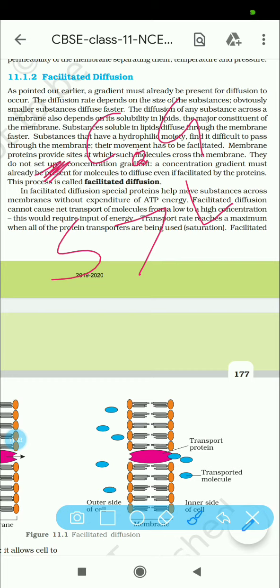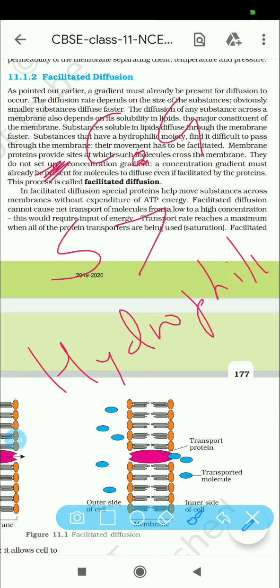Then substances soluble in lipid can diffuse faster. As you know, the cell membrane contains more lipid, so hydrophobic compounds can diffuse faster, while substances which are hydrophilic, or which have more water, will take more time to diffuse, or their movement cannot occur directly.